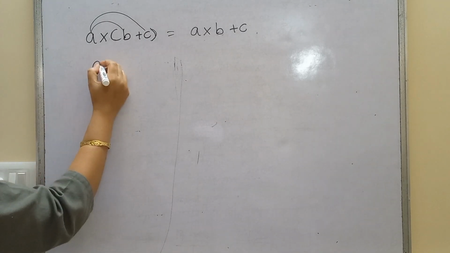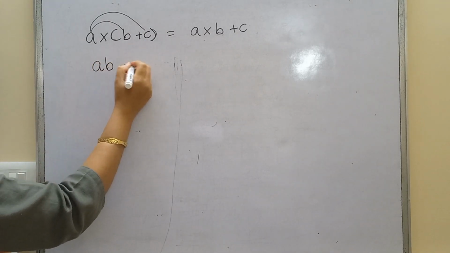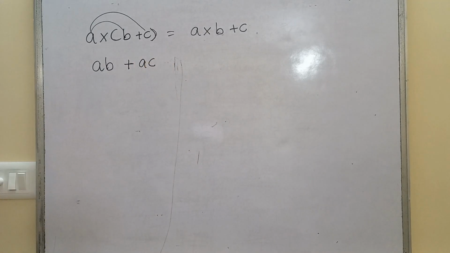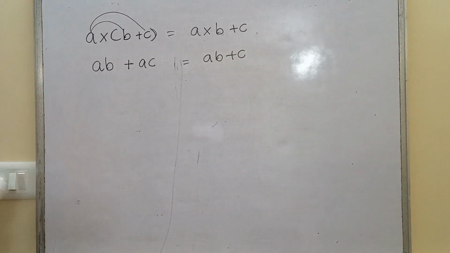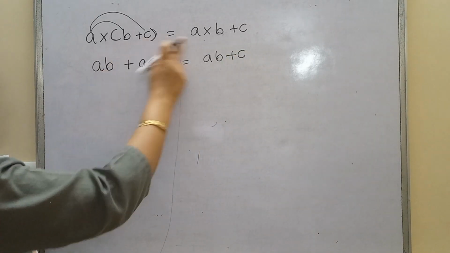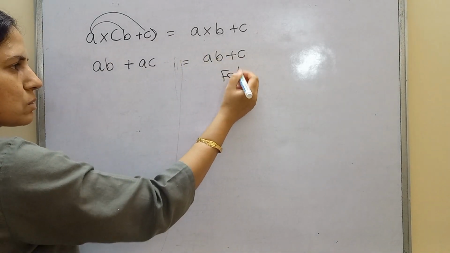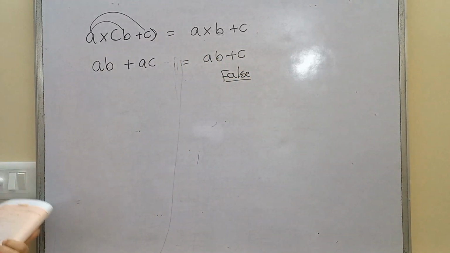You multiply a with b, that is ab plus ac. But here it's not so. Here it's only ab plus c. So since both are not equal, the answer is false.